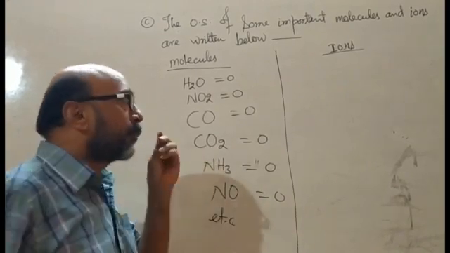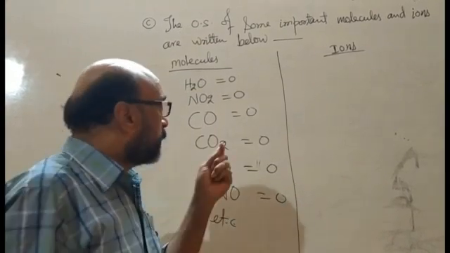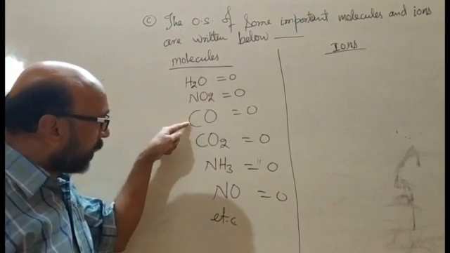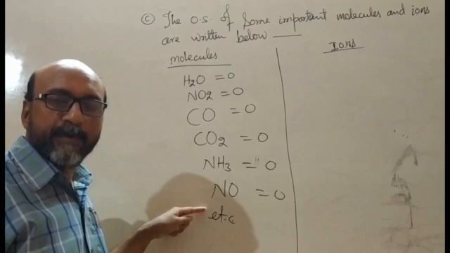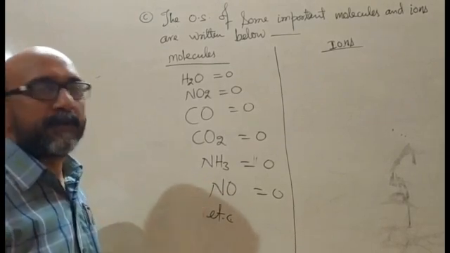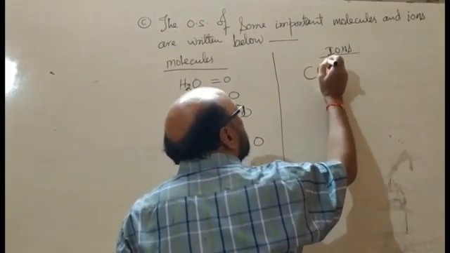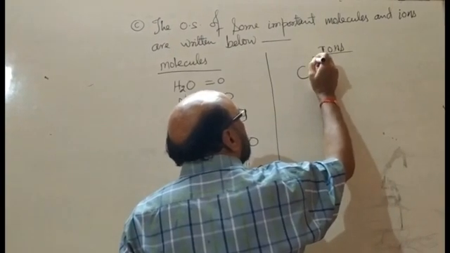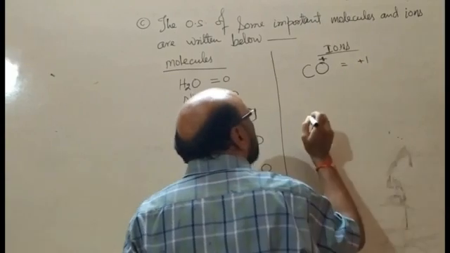And some common ions. First of all, I would like to write in the list of ions two ions, CO and NO, which create confusion among the students. Whenever CO is used as an ion, the plus is mentioned, CO+, with oxidation state +1.